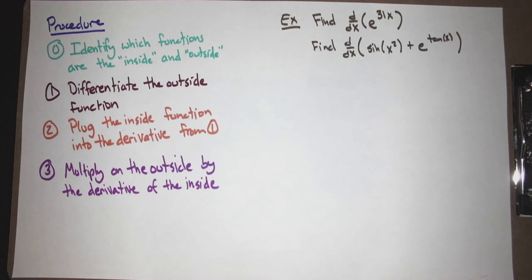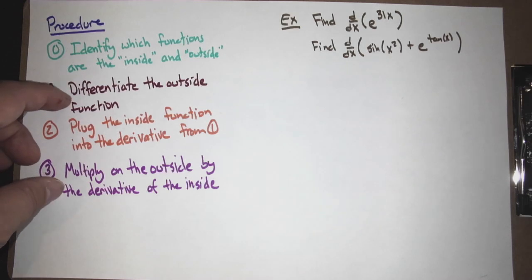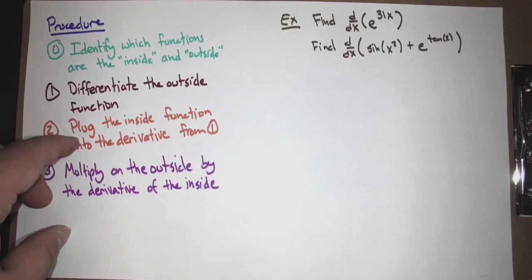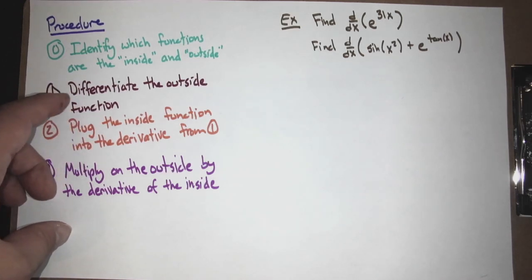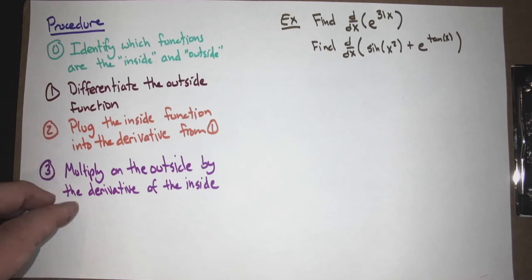And if I do, what's my inside? What's my outside? So make sure you understand that. Now, once you understand that, you differentiate the outside function, plug the inside function into the derivative you found, and then multiply the outside by the derivative of the inside.